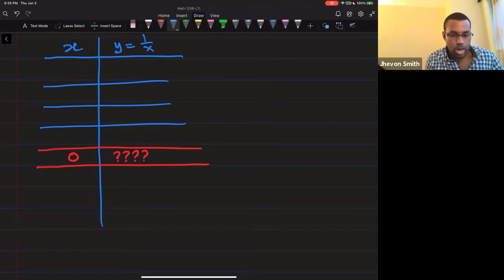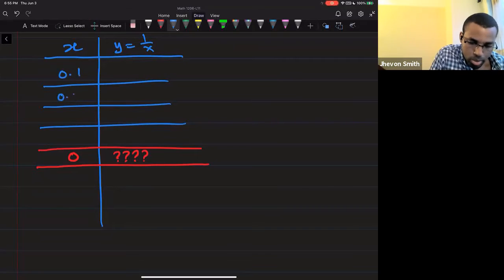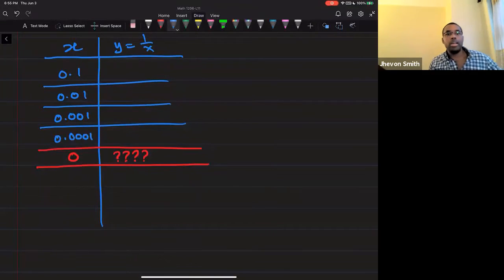I can start at something like 0.1, 0.01, 0.001, 0.0001. Notice I'm just plugging in a bunch of values that are getting closer and closer to 0, but from the right side. Now, if I take 0.1 and put 1 over 0.1, that's 1 over 1/10.